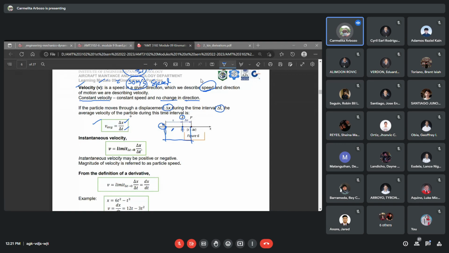So, kung ito ay x, let's say, sabihin mo x of 1, so, delta x is equal to x of 2 minus x of 1. So, yun yung change in displacement. And for the instantaneous velocity, sabi natin instantaneous velocity, instant.